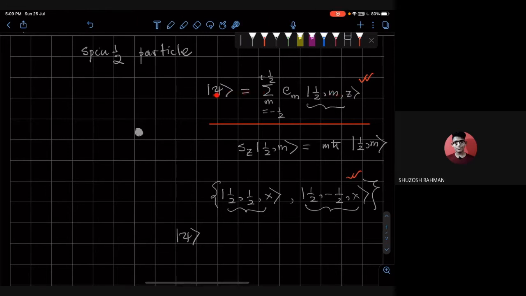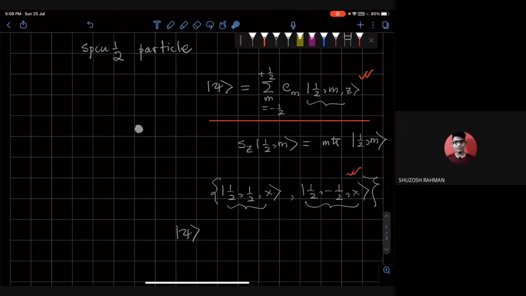In comparison to this, I want to express psi as a linear combination of |m, x>, summed over m. Can you fill in the gap here? There is dot, dot, dot. It's a very vague question, but it's vague on intention because I want you to think.